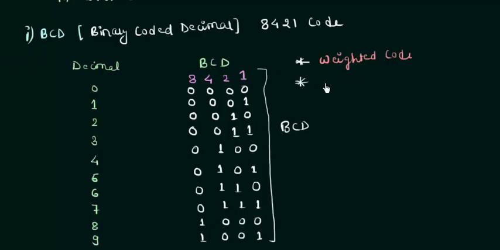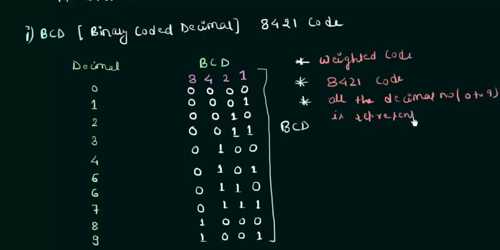Another point is that it is also called 8421 code, which I have already explained. In this code, all the decimal numbers, that is 0 to 9, are represented by 4-bit binary numbers.